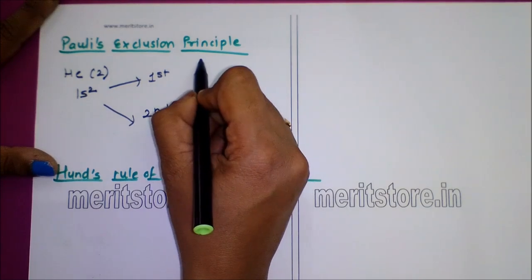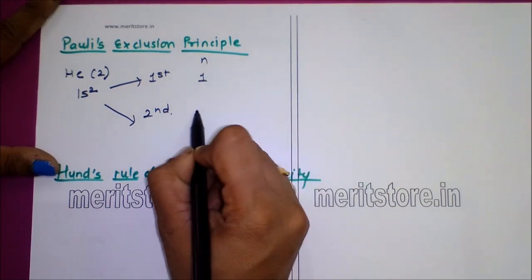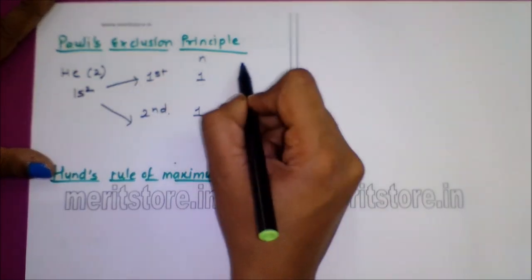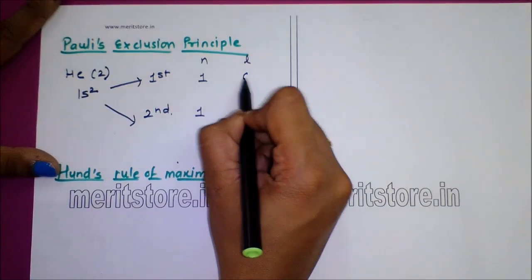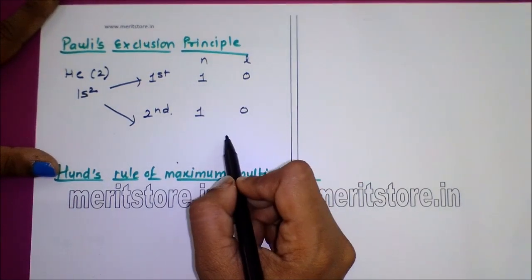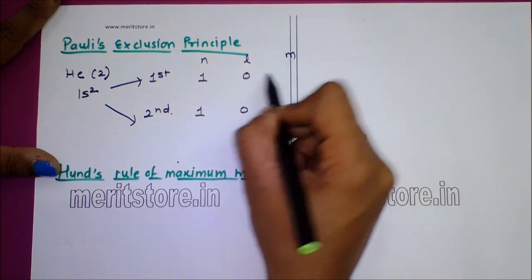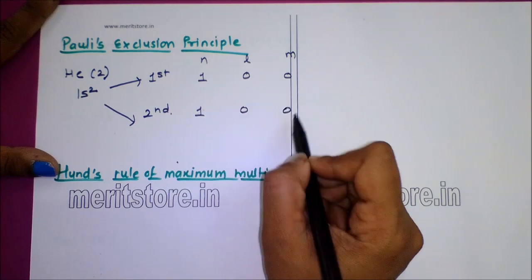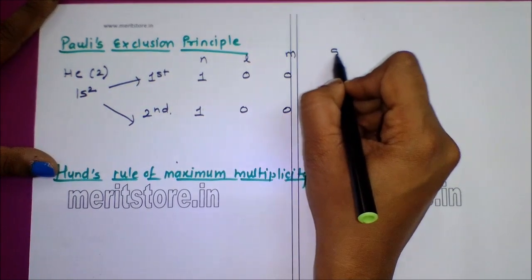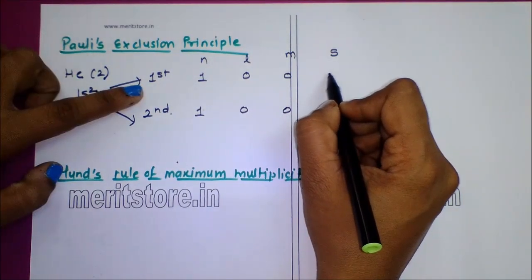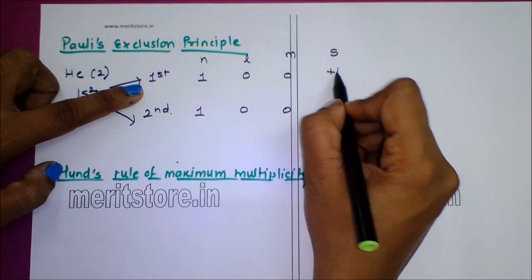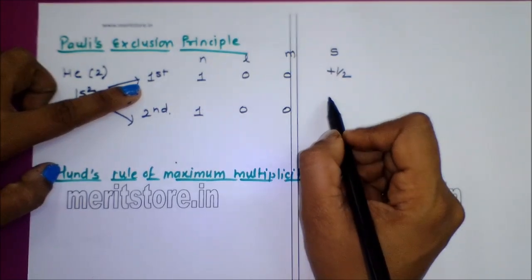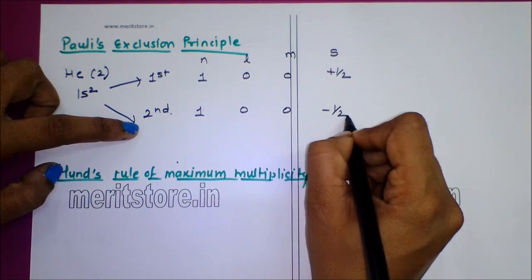Now if I talk about its principal quantum number, that's 1 because both are in the first shell only. Both are in s orbital, so both have 0 azimuthal quantum number. M can have value from minus L to plus L, so this will also be 0. And now if I talk about spin quantum number, for the first, that's odd number electron, it will be plus half, and for the even number of electron, it will be minus half.